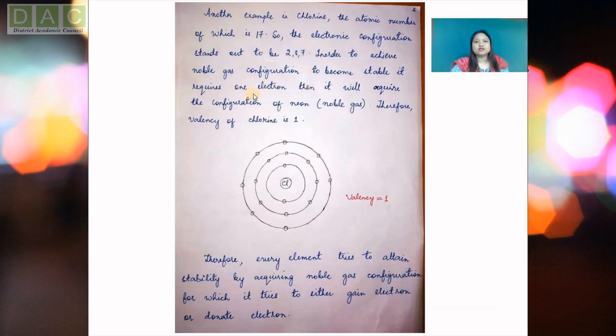It will acquire one electron from its neighboring element in order to attain an inert gas configuration, and so the valency of chlorine is 1. Every element tries to attain stability by acquiring a noble gas configuration, for which it tries to gain or donate electrons.